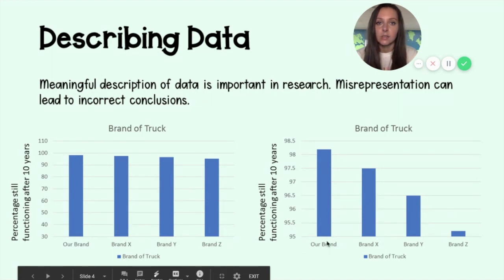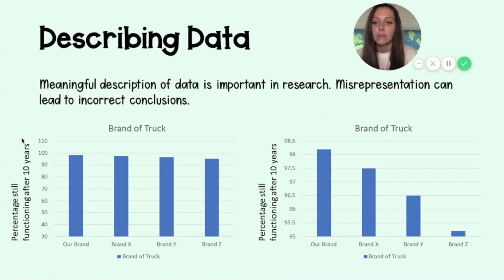Well, what's different? If you look at the y-axis here, you have a different scale. On the left, it's moving up by 10. And then on the right, it's moving up by 0.5. So it gives us a completely different picture.